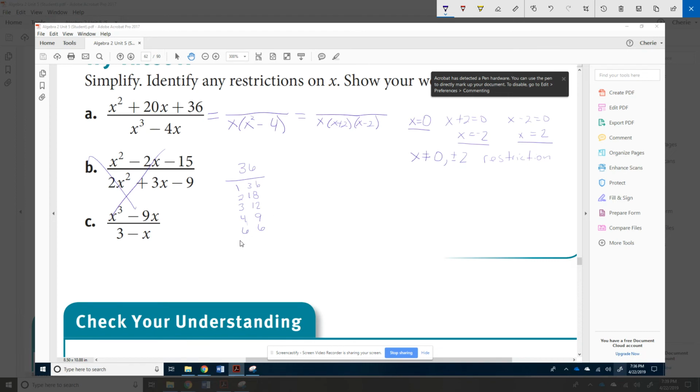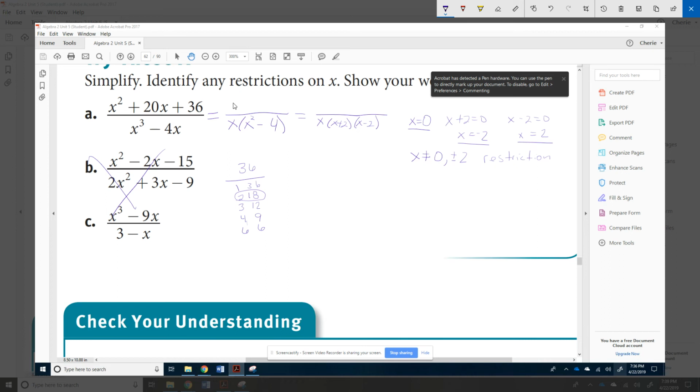The next one would be 9 times 4, 12 times 3, 18 times 2. So those are all the factors of 36, all the numbers that you multiply together to give you 36. But we're looking for the right combination that will also add to give me 20. And I believe it's going to be this second pair right here.